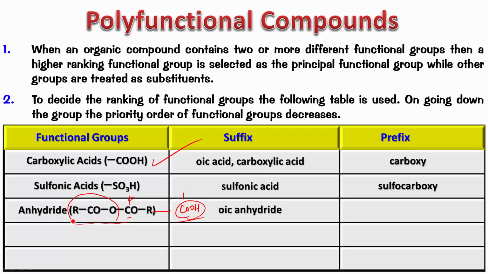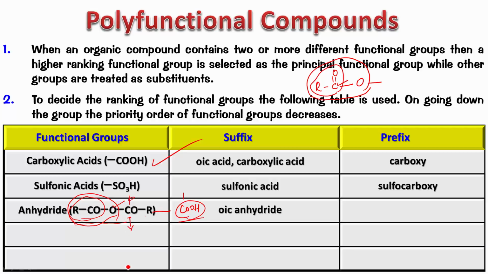And this part becomes the substituent attached at the P position. This will be alkanoyloxy. The R C double bond O is alkanoyl, and oxy. So this totally becomes alkanoyloxy, where in the alkanoyl you will include this carbon as well.